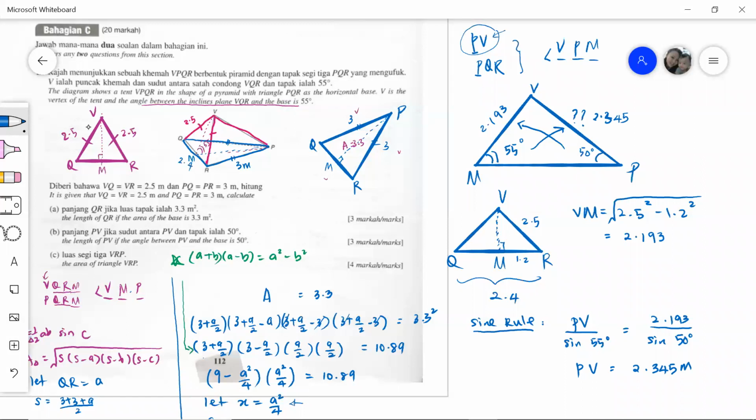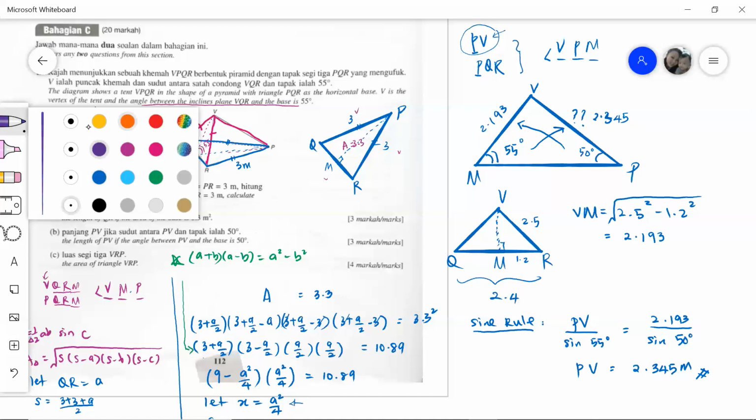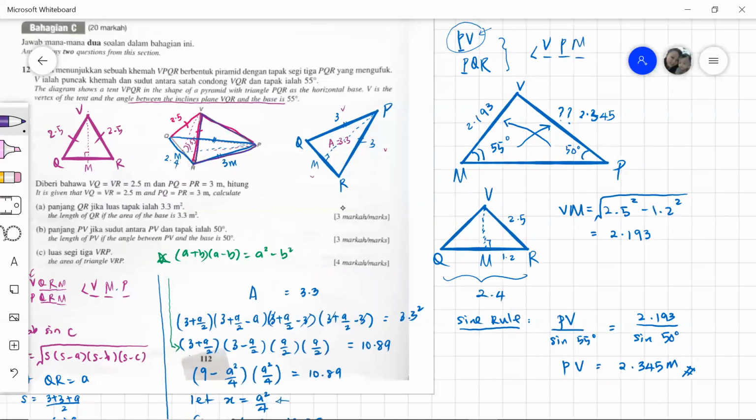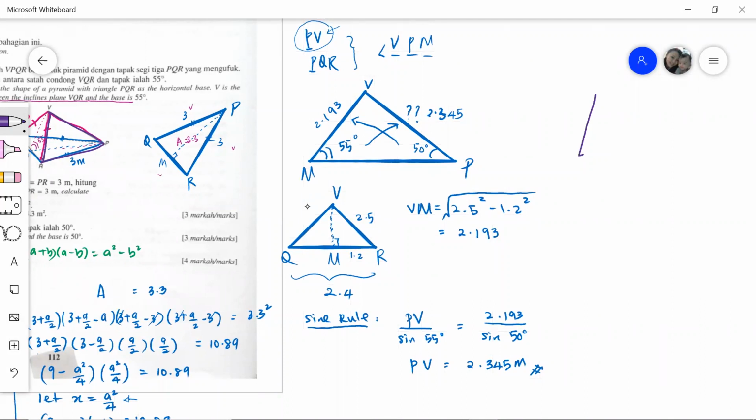Okay, found it. Next, what do we want? We need to find the area of VRP. Now, the area of VRP basically is this one. Okay, so that is our VRP. So let's just get that triangle out so that our focus will be on that triangle only.